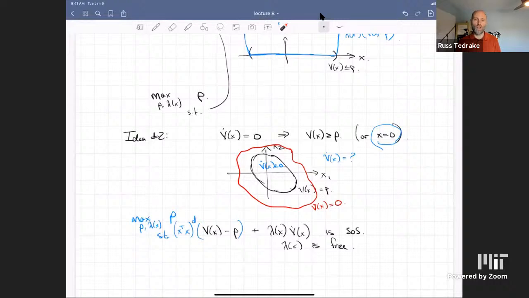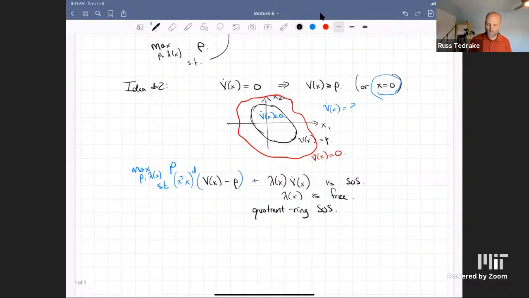That would be quotient ring sauce. I said way too many words. I wrote them in the notes too, but all I'm trying to do is, if you know algebraic geometry and you like thinking about quotient rings, there are things to look up here. If you haven't done algebraic geometry yet, then put it on your list.